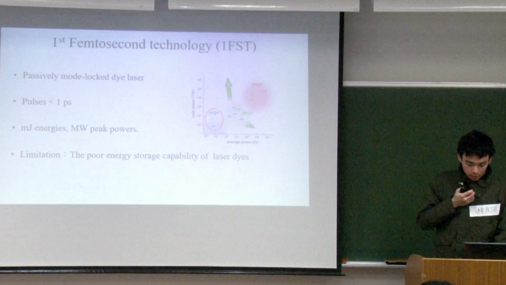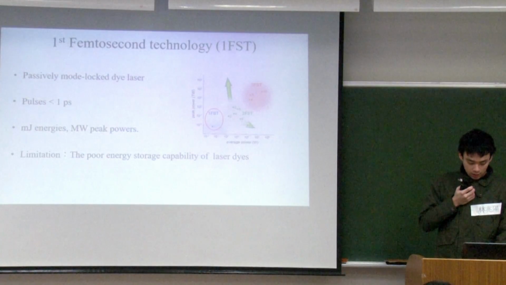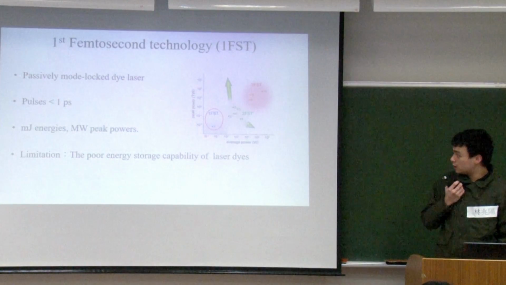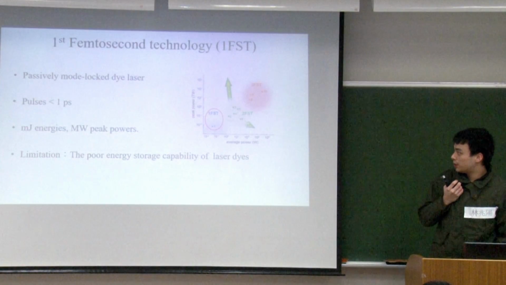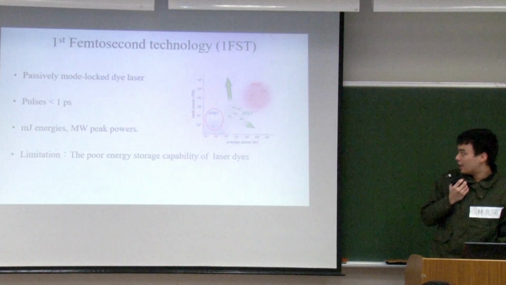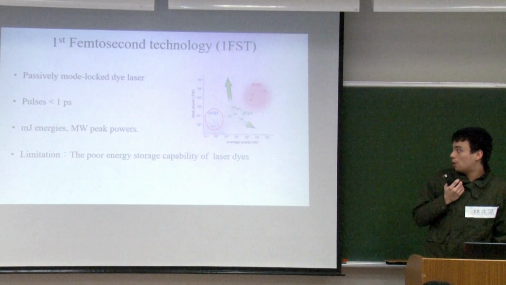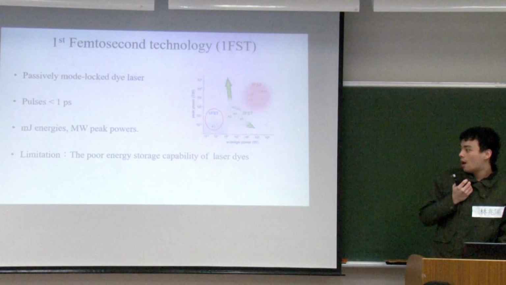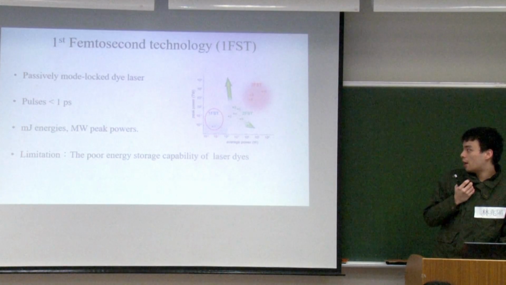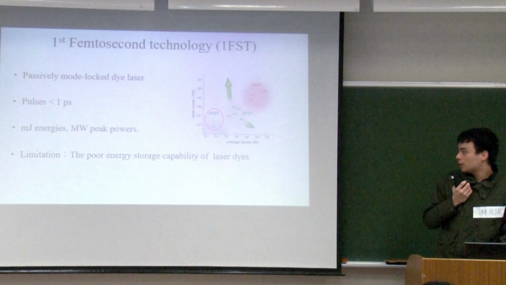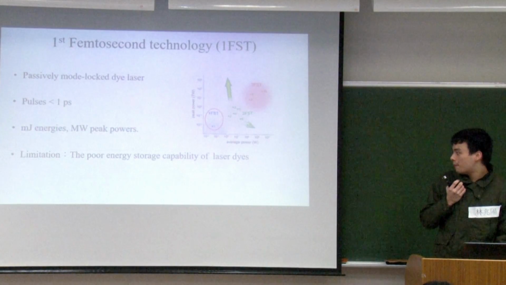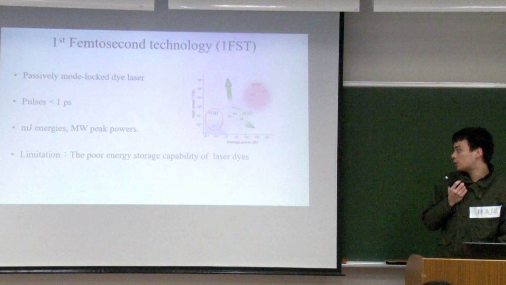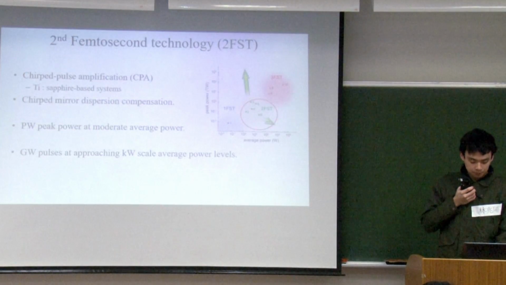The first generation FST was invented in the 1970s and was made by passive mode-locked dye laser. It can generate pulses with duration less than 1 picosecond, containing microjoule energy and megawatt peak powers, and is finally limited by the poor energy storage capability of laser dyes.